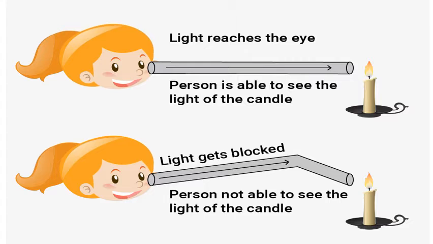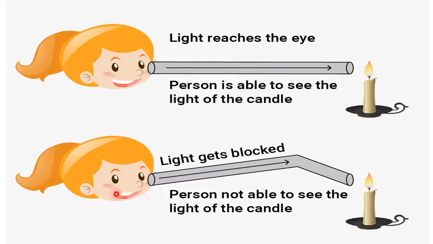The light from the torch travels towards the object in a straight line. Light reaches the eye. Here are two different pictures in front of you. Here you can see that light reaches the eye because it travels in a straight line. The person is able to see the light of the candle, right?